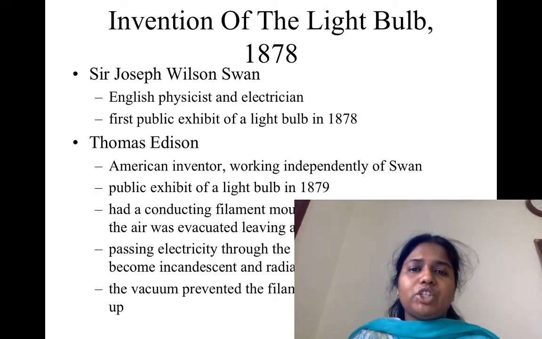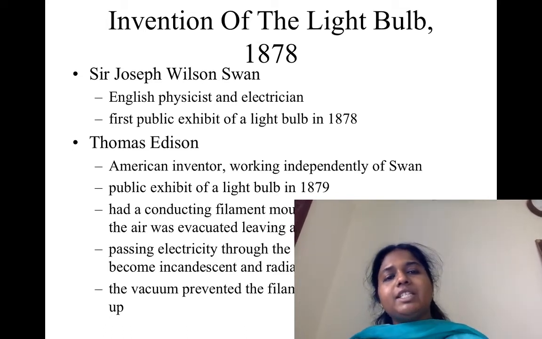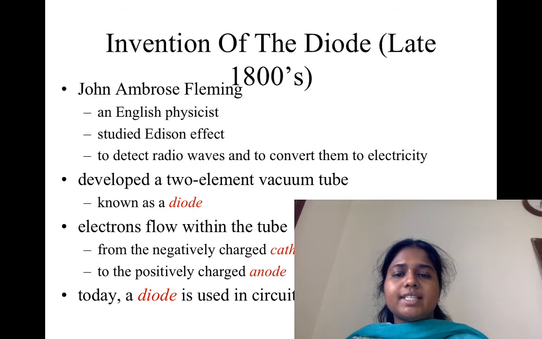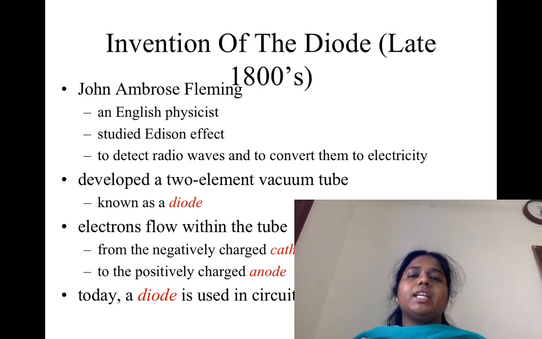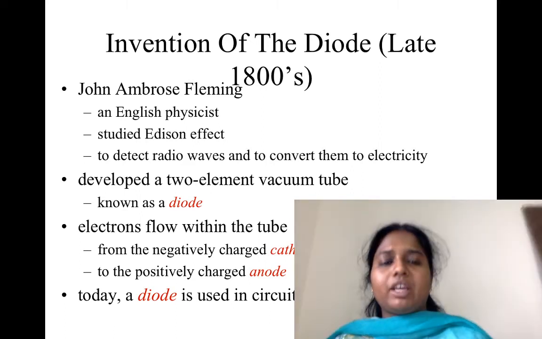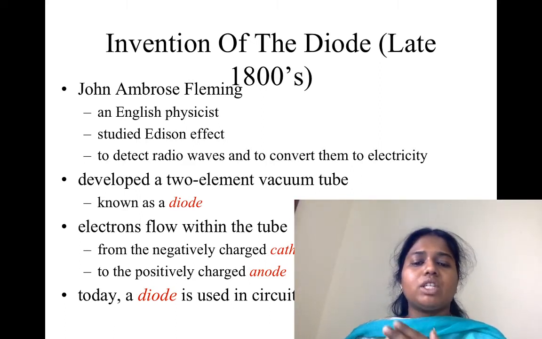Then came the invention of the light bulb and electricity and all that. When these things came into the picture, people started using the Edison effect, and they created something called the diode. A diode is a vacuum tube through which electrons flow.